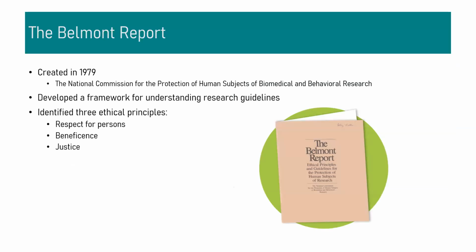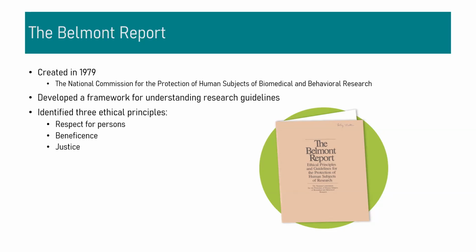Okay. So to start, we're going to talk about the Belmont Report. The Belmont Report is the foundational document for the current human subjects testing and protocols in the United States. It was created in 1979 as a response to many of the unethical research practices on fellow humans, both in the United States and worldwide.